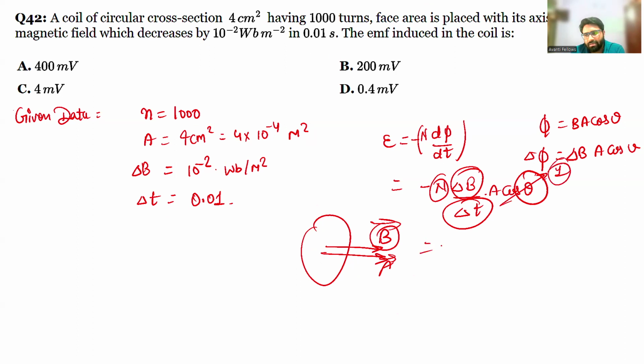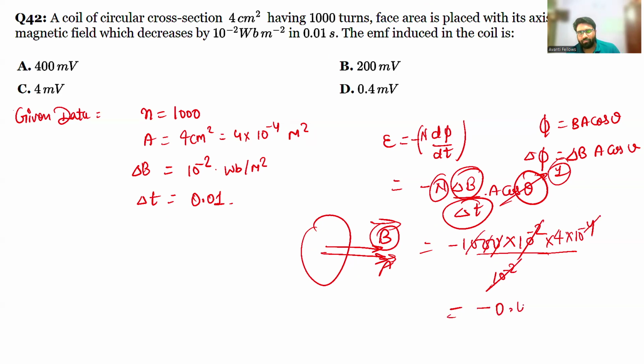So it is minus 1000, delta B is 10 to the power minus 2, delta T is also 10 to the power minus 2, multiplied by the area, which is 4 into 10 raised to the power minus 4. The 10 to the power minus 2 values will cancel out, and the 3 power will cancel out the 3 zeros. So this will become minus 0.4.